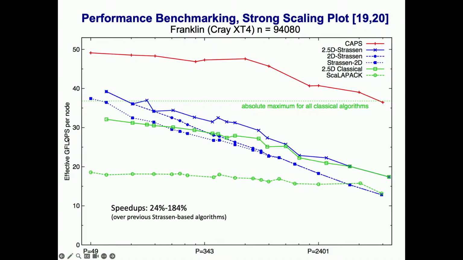And the vertical axis is the effective gigaflops. That means it's n cubed divided by time. So the vertical axis is basically proportional to speed up. So that means it's a fair comparison of Strassen and n cubed. And this dotted line is the peak speed you could get for any n cubed algorithm. So you couldn't possibly go faster than that if communication were free.